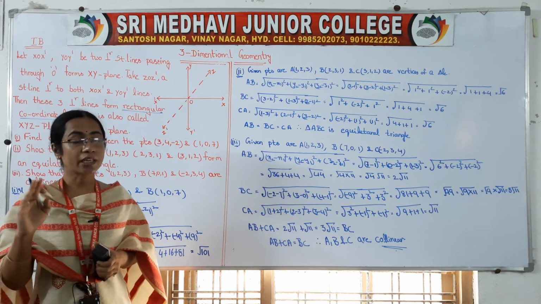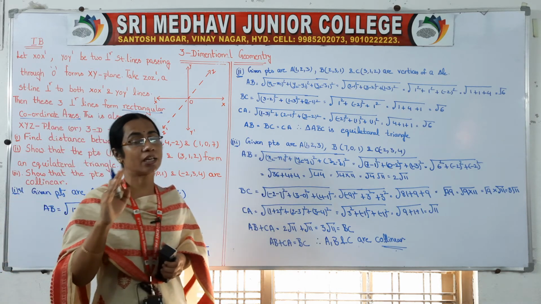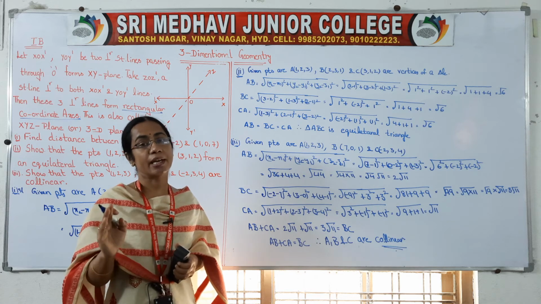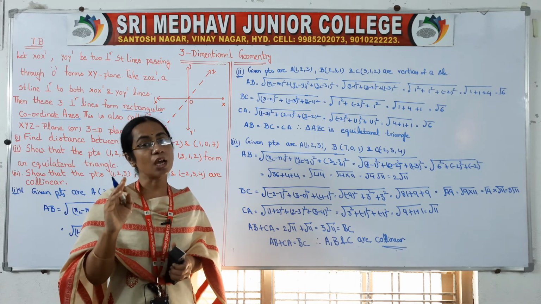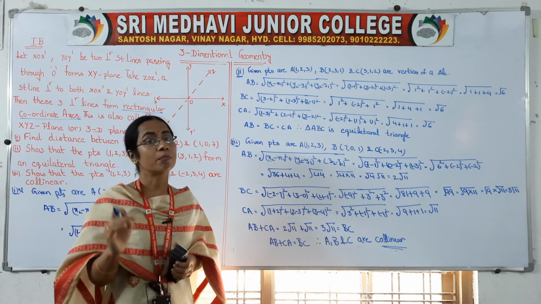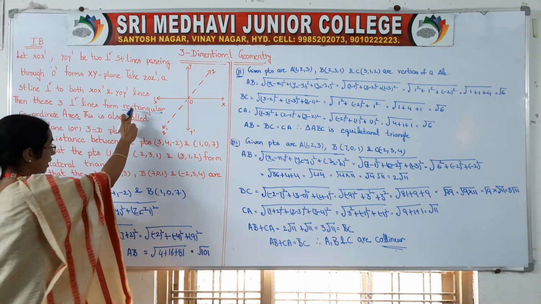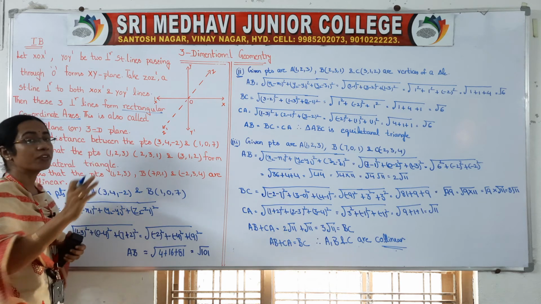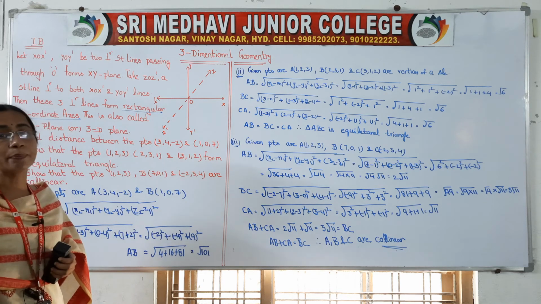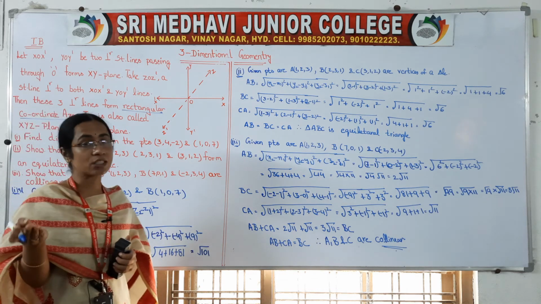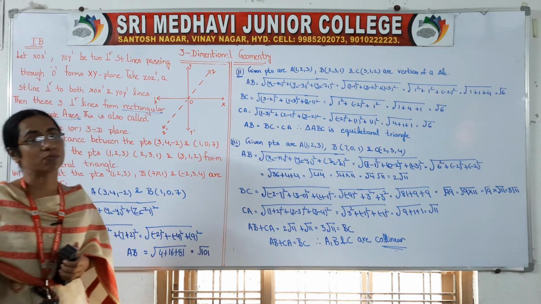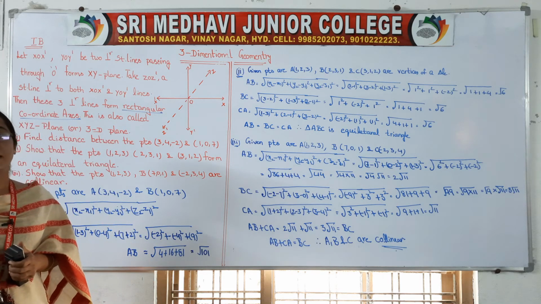So here 3 mutually perpendicular lines will be there, and they all pass through the origin. They form an axis system called the rectangular coordinate axis, or the XYZ plane. Previously XY plane, now XYZ plane or 3D plane.